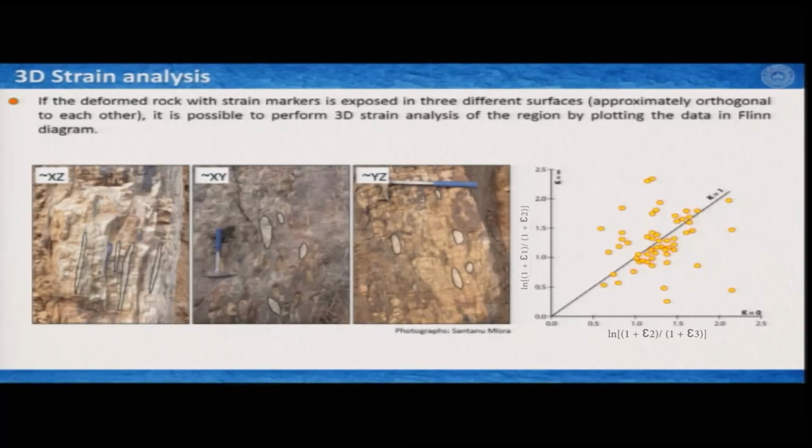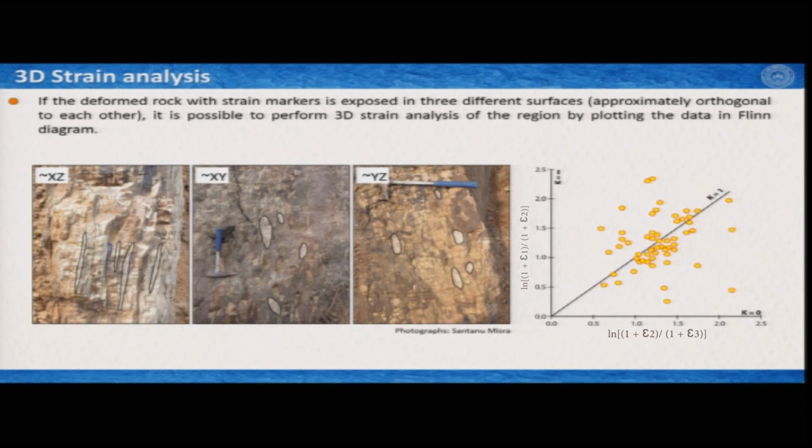Also, because we have a 3-dimensional scenario here, in the field with some techniques or some typical observations, you can figure out what is your x direction, what is your y direction, and what is your z direction of the principal axes of the strain ellipsoid.